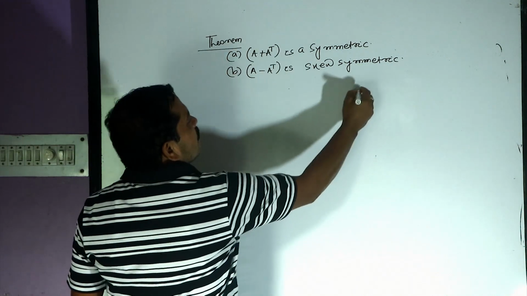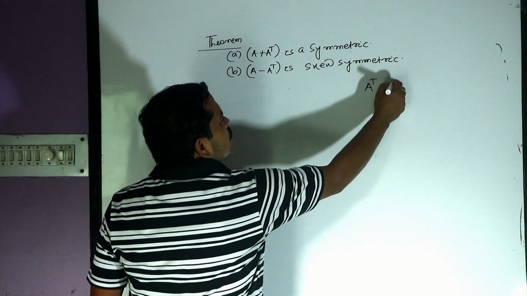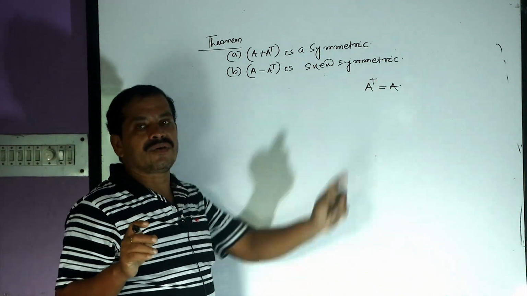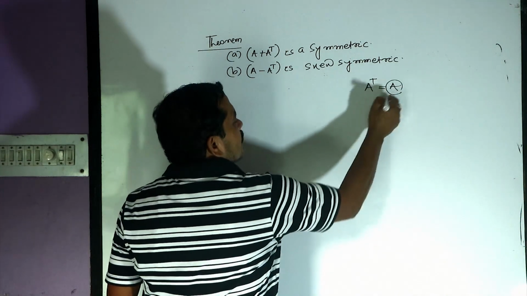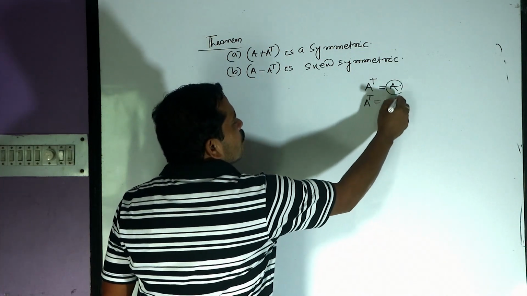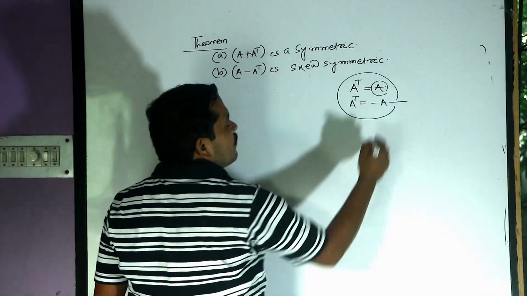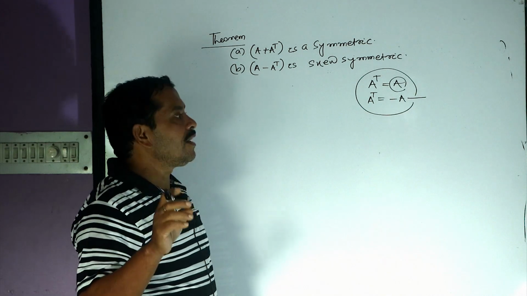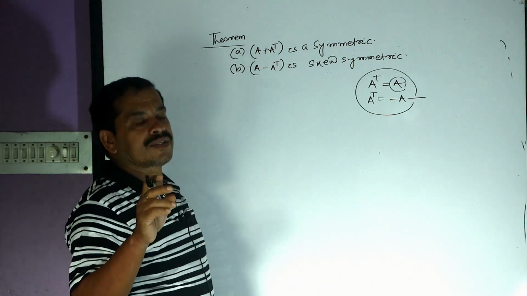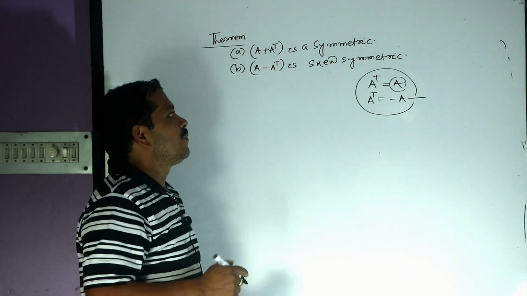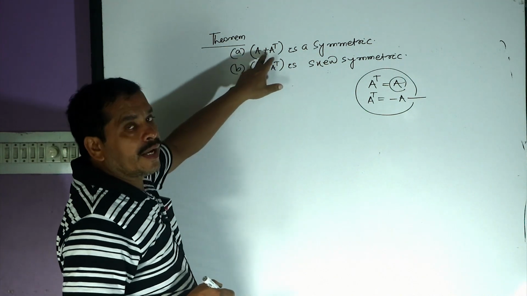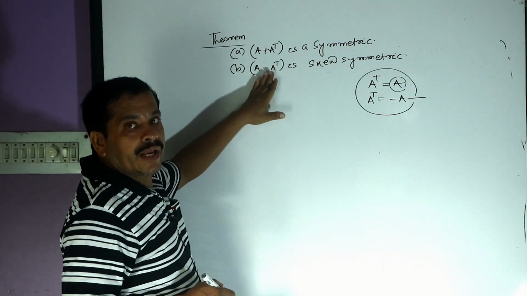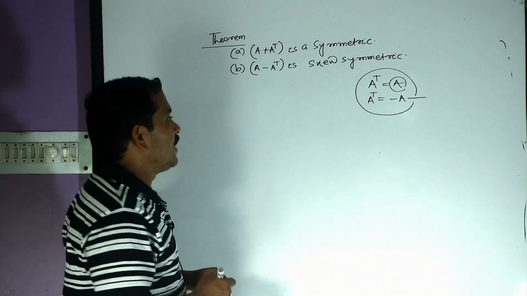A matrix is said to be symmetric if A transpose equals A. For a square matrix A, if A transpose is equal to minus A, then it is skew symmetric.